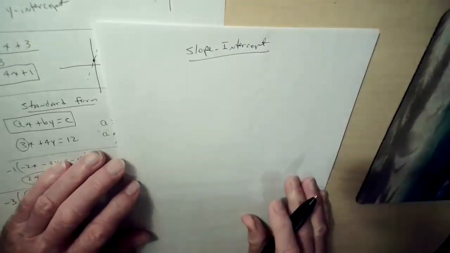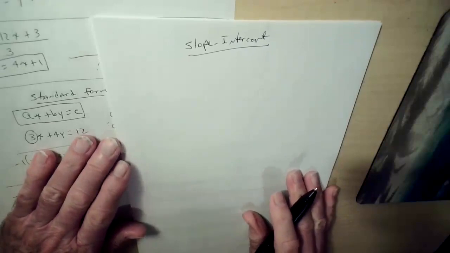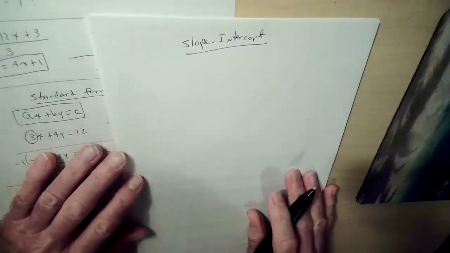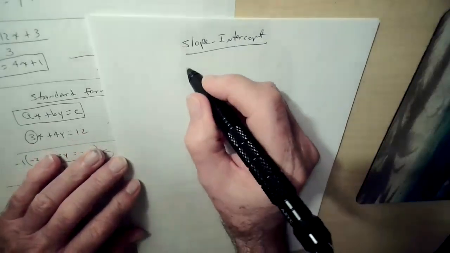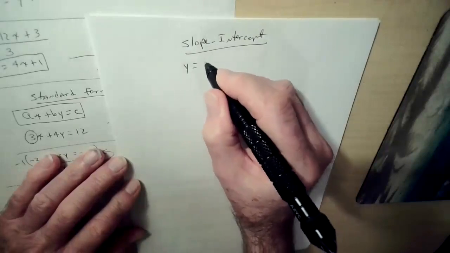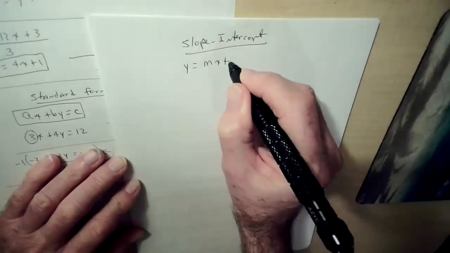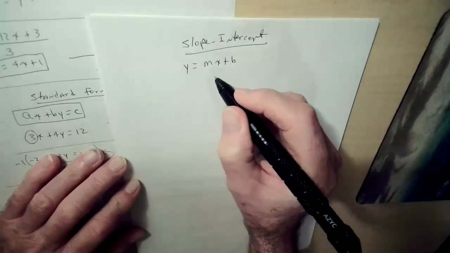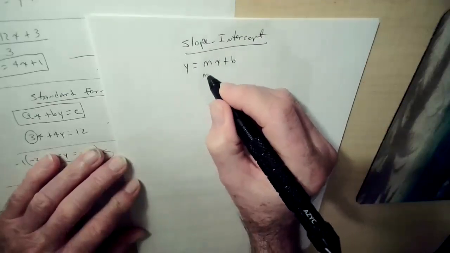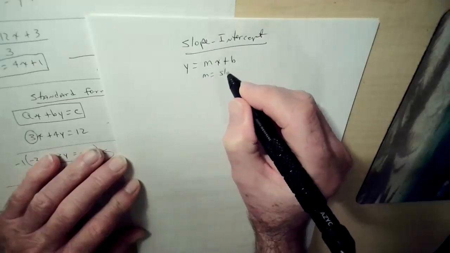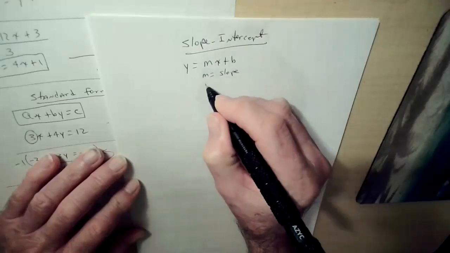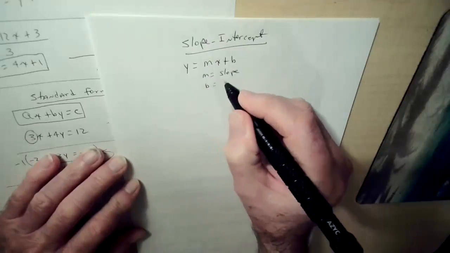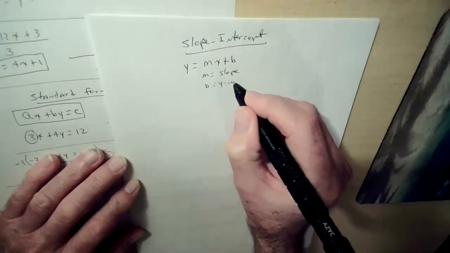Slope intercept. Use this a lot because it tells us a lot. You're going to see this in almost every math class that you attend. y = mx + b. This is slope intercept. Why is it called slope intercept? Because m is the slope and b, this number here, is the y-intercept.